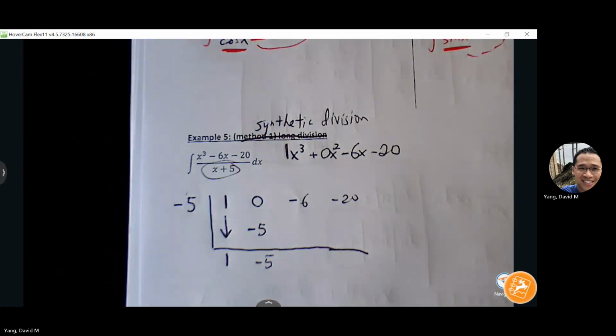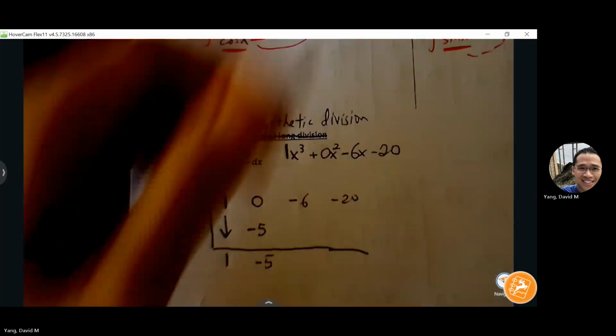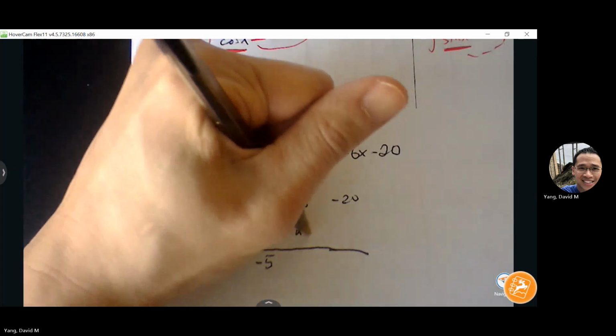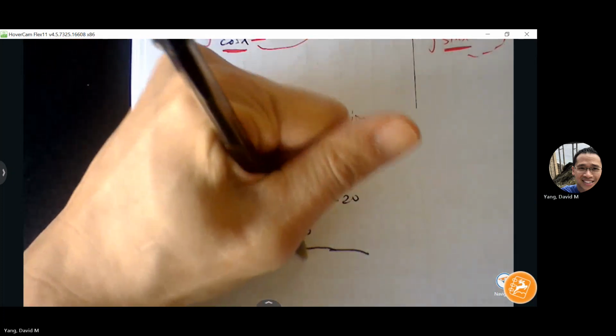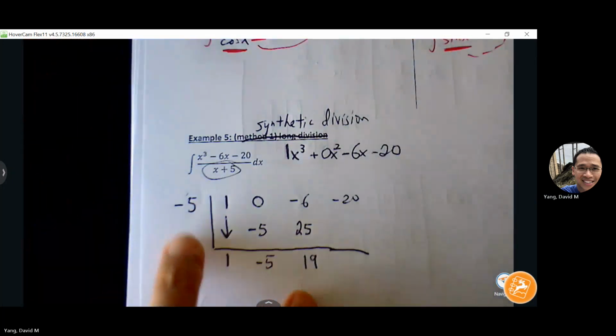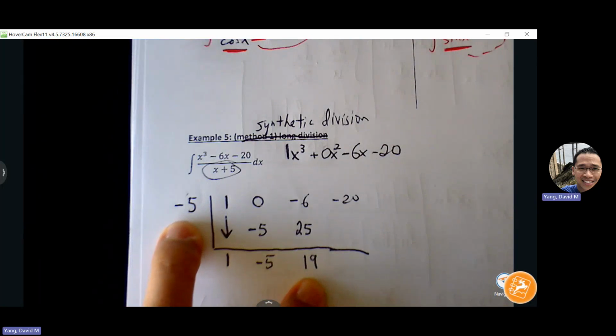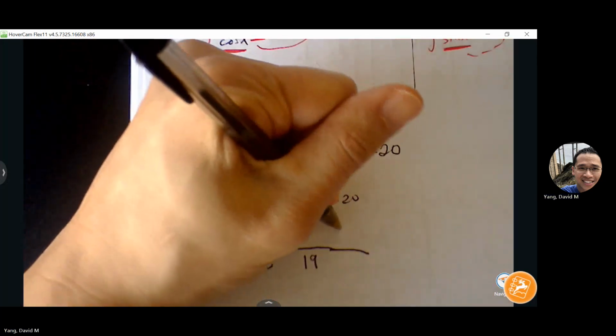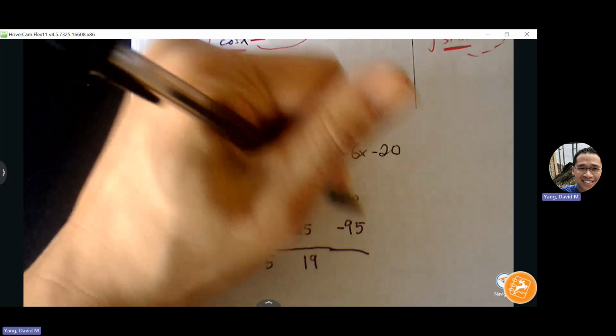Multiply, and add. Multiply, there's a little bigger number here. This is -95. And then add.